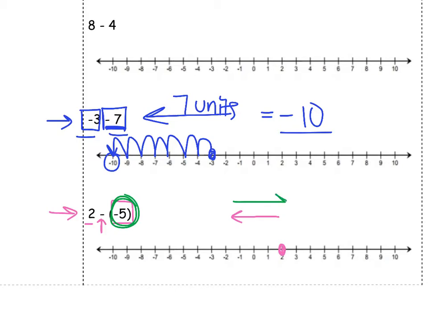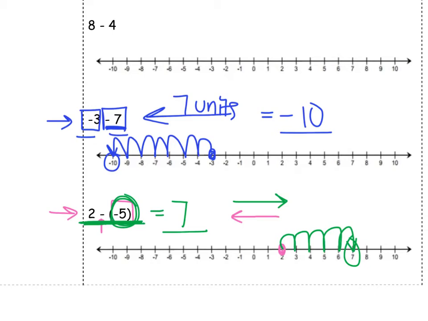So I'm actually going to be going to the right. And I'm going to go to the right 5 spaces. 2, 3, 4, 5. And I end up at 7. So 2 minus -5 really was simply 7.